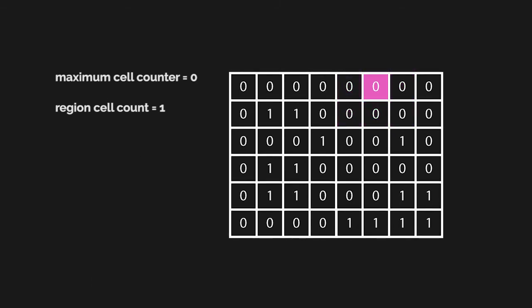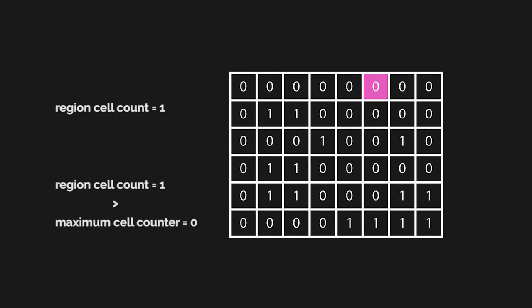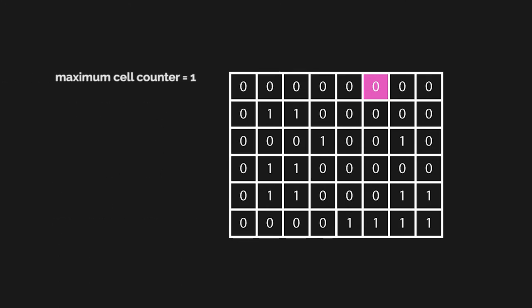If no neighbors are found, we will check whether the current region cell count is greater than the maximum cell counter. If yes, a new maximum cell count is set. If neighbor cells are having value 1, we will continue this operation for the neighboring cells too. We will continue with the iteration in this manner.